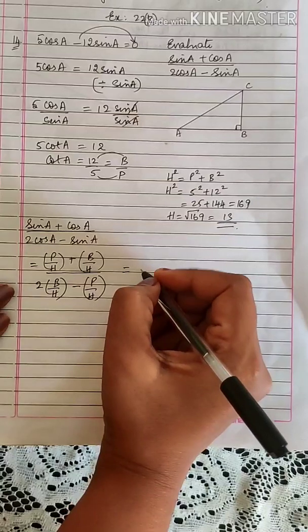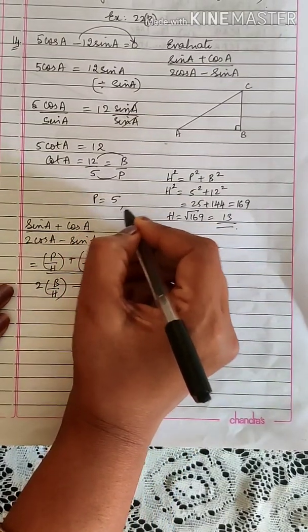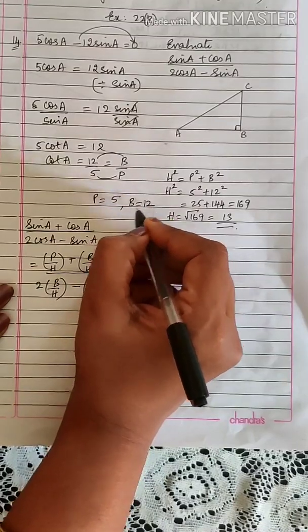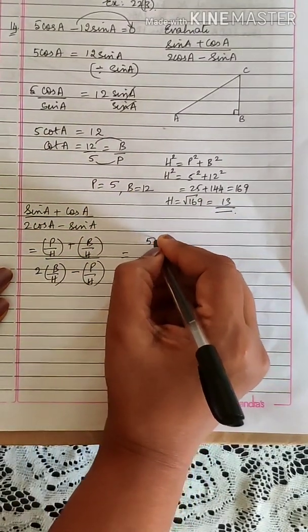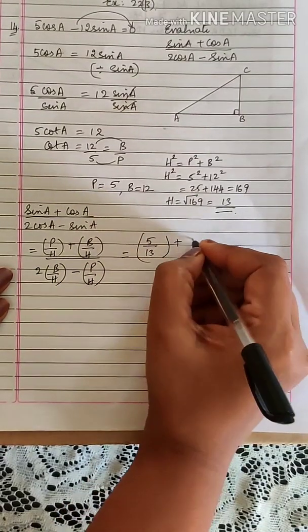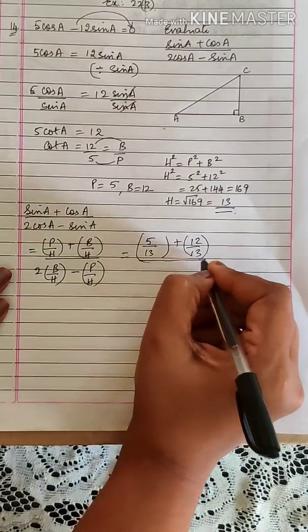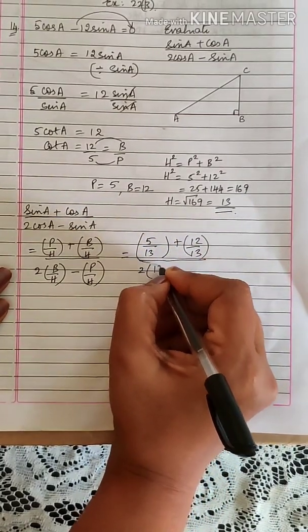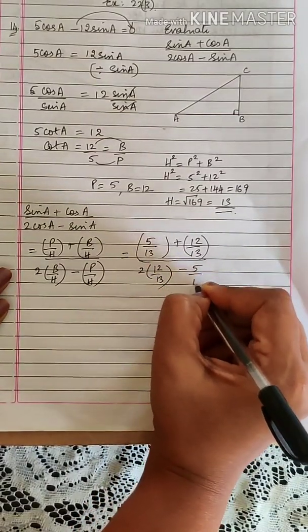Now substituting the value, here your perpendicular is 5 and base is 12. Now substitute these values. This will become 5 upon 13 plus 12 upon 13, the whole upon 2 of 12 by 13 minus 5 by 13.